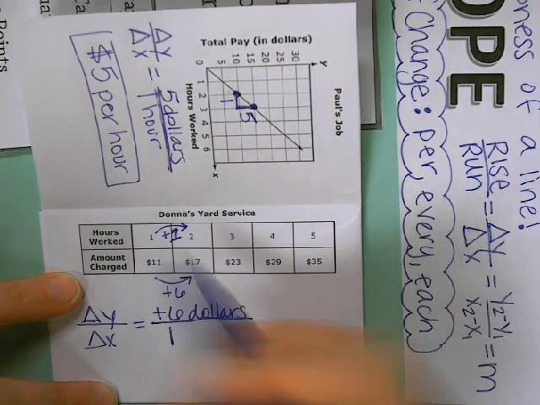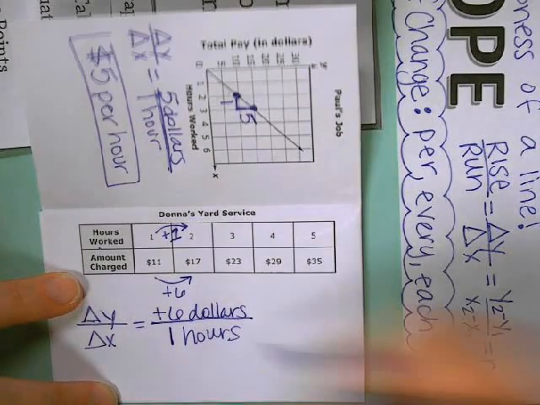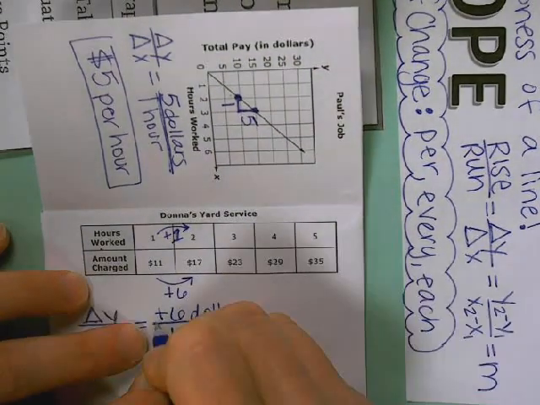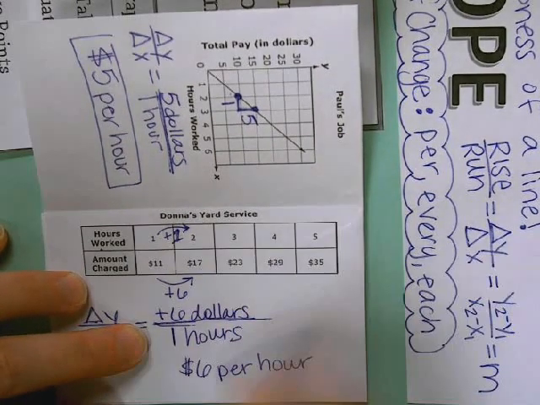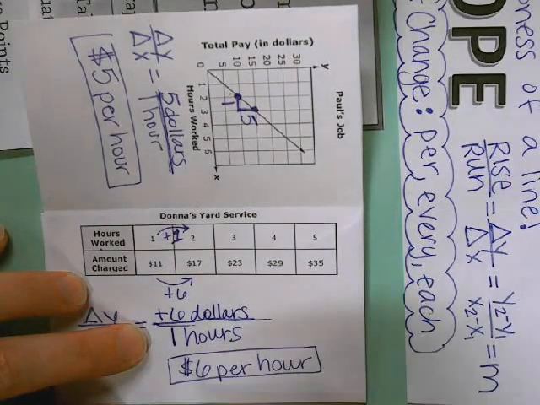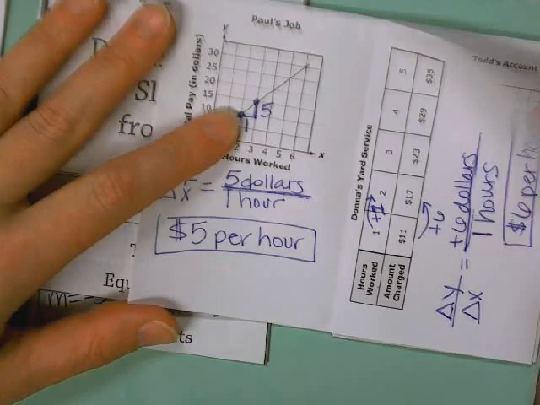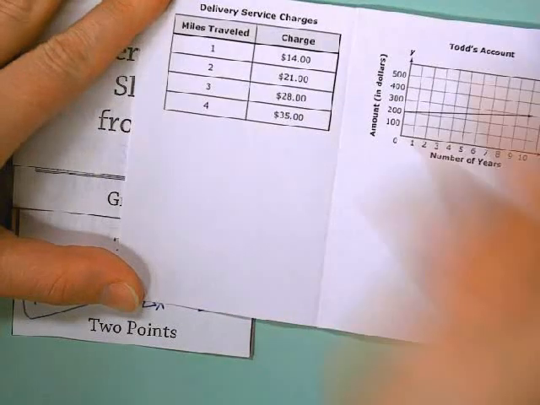And next to the 1, let's put what goes with it. It's hours. So this rate is $6 per hour. So interpreting from a graph and a table is actually really, really easy, as long as you write those words down. Okay?